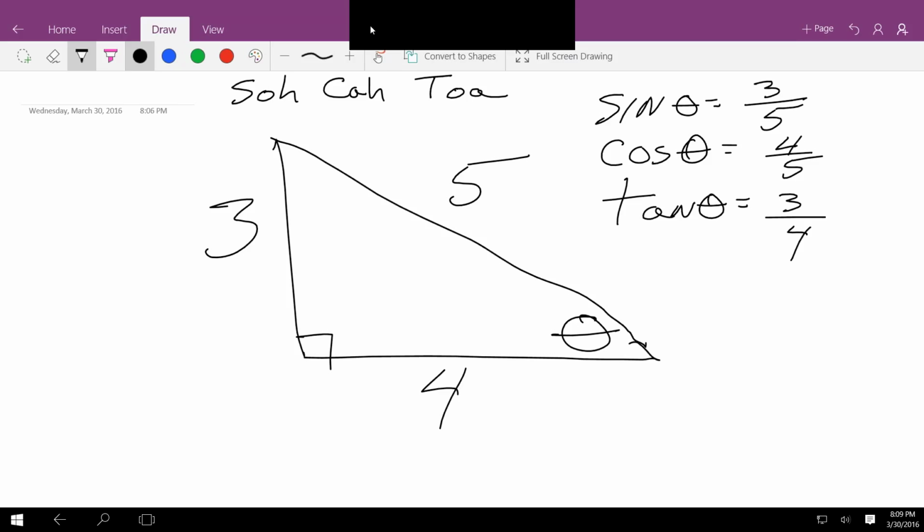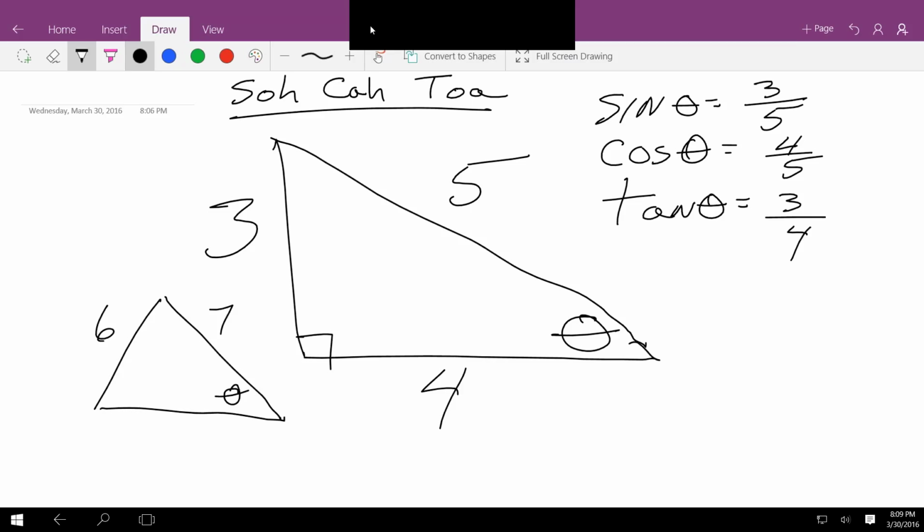Have you talked about trig functions of angles greater than 90 degrees? No. Incidentally, SOHCAHTOA applies only to right triangles. It does not apply to triangles like this. In other words, that's theta, and that's 6, 7, 8. You don't know what the sine of theta is.